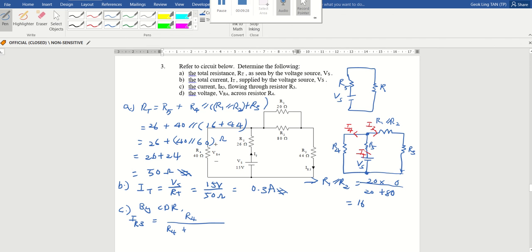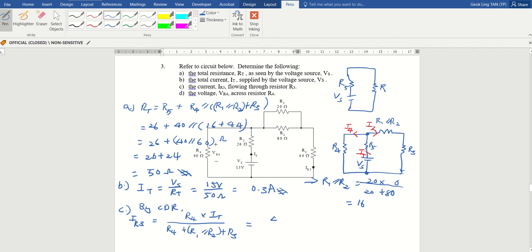So you put it down: R4 plus R1 in parallel with R2 plus R3, the total resistance on the right hand side, multiplied by IT. That's your current divider rule.